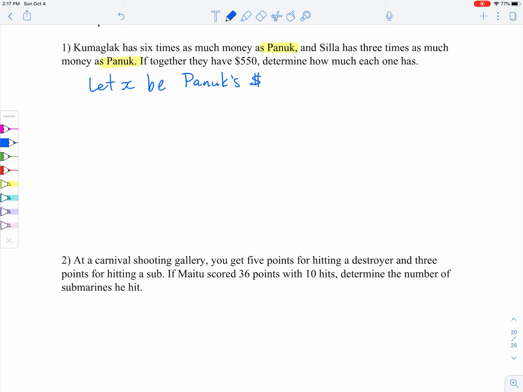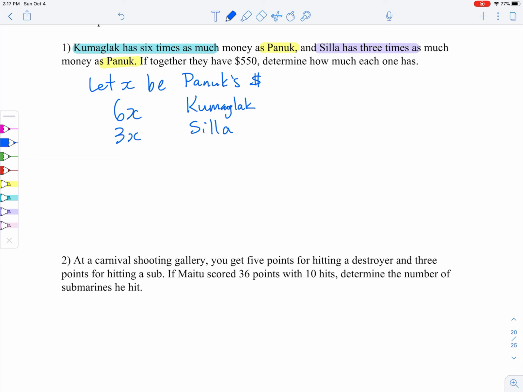And then we know it says here that Kamaglak has 6 times as much. So 6 times as much as Panouk is going to be 6x, Kamaglak. And then it says that Scylla has 3 times as much. So 3x is going to be Scylla's money.